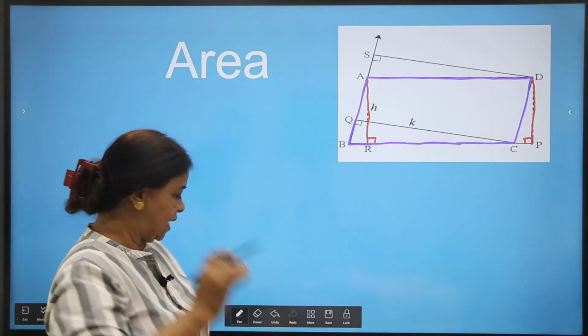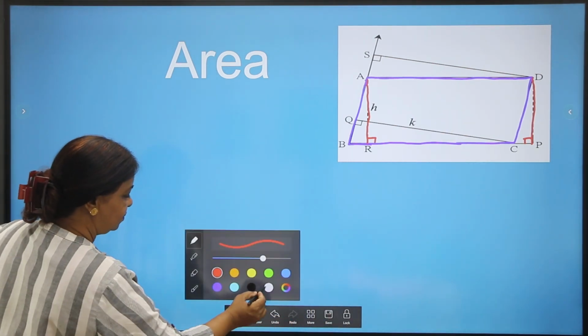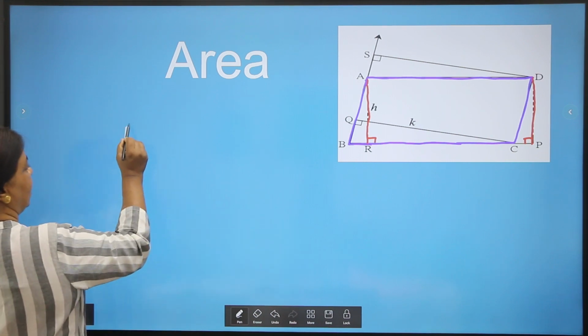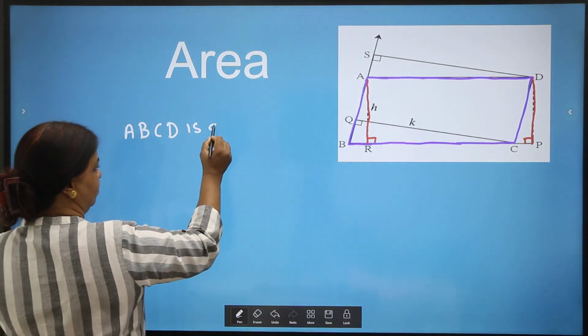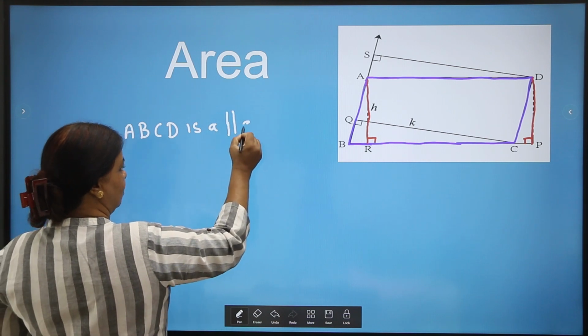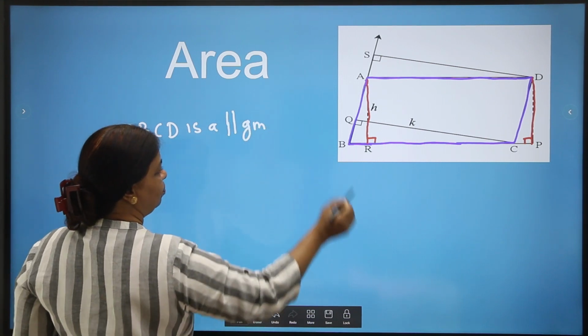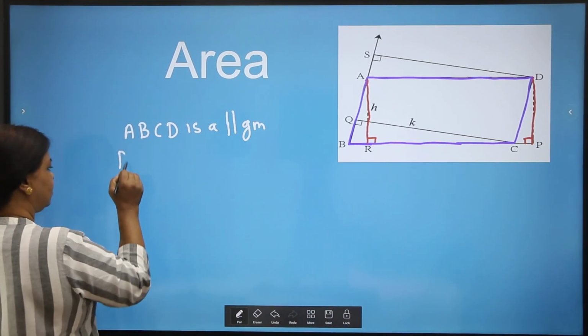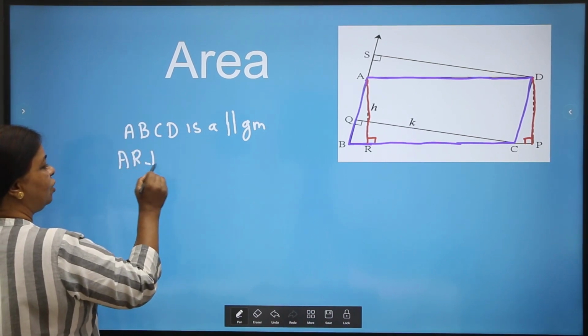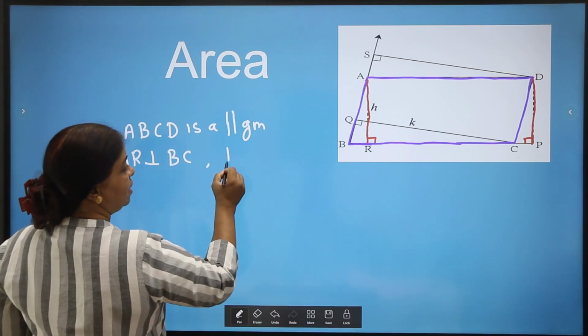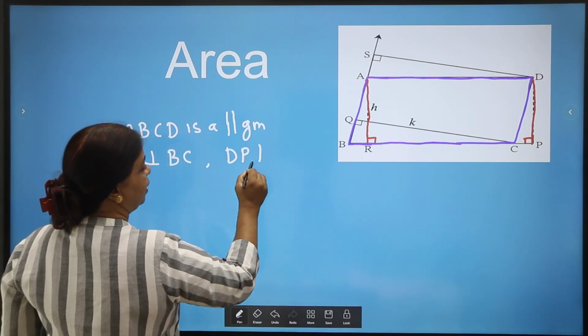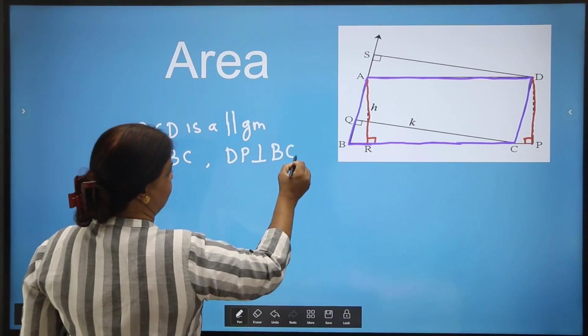They are perpendicular heights. Okay, let me write. ABCD is a parallelogram. This is the symbol of parallelogram. AR is perpendicular to BC and DP is also perpendicular to BC.